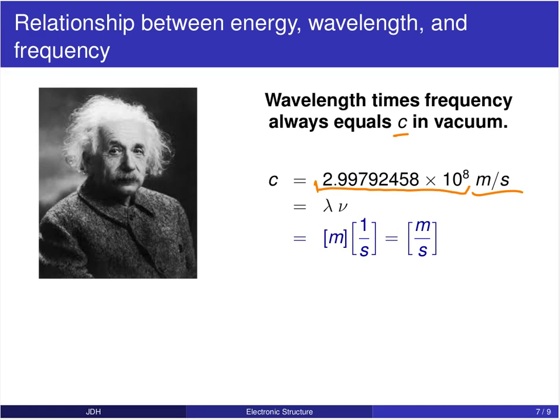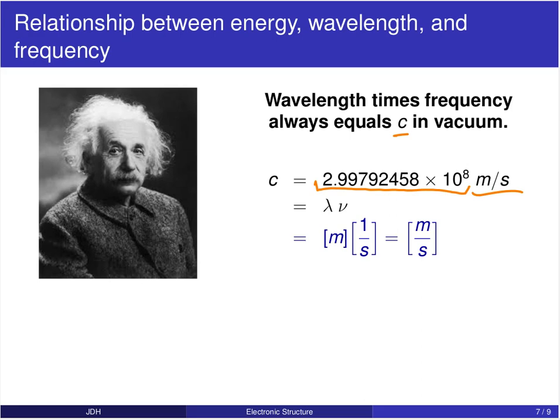So light is going just under a billion meters in 1 second. Light is very, very fast. Even though it's set at a fixed speed, that speed limit is relatively high.